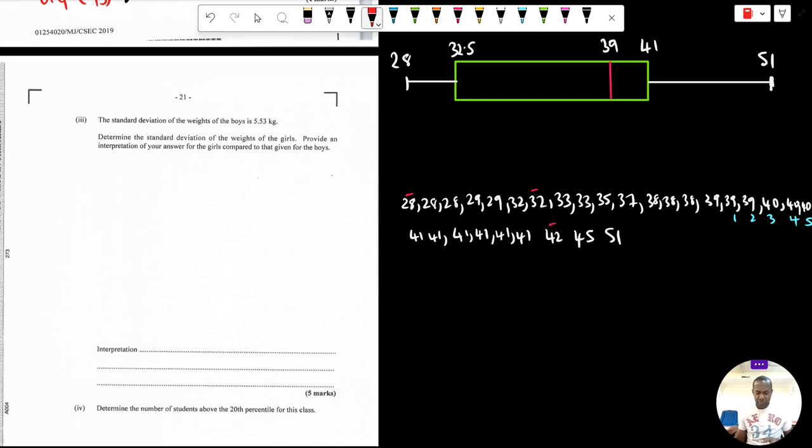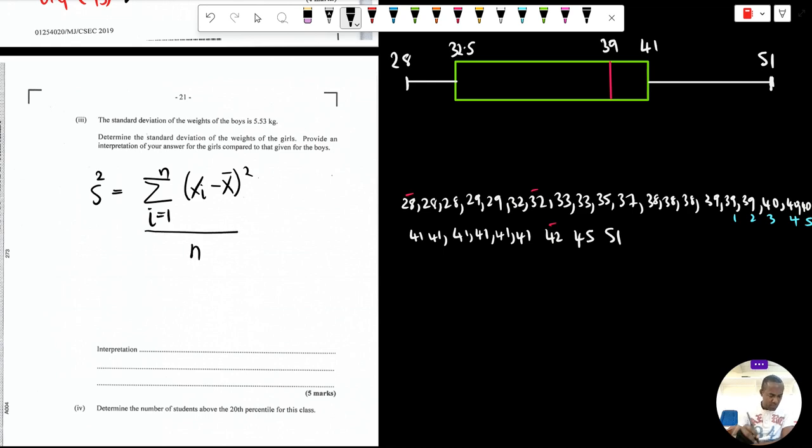Now, in this particular question, the formula is given as, well, the variance would be equal to the sum from i equals 1 to n of (xi minus x bar) squared over n. That is a formula that was given at the front of the booklet.